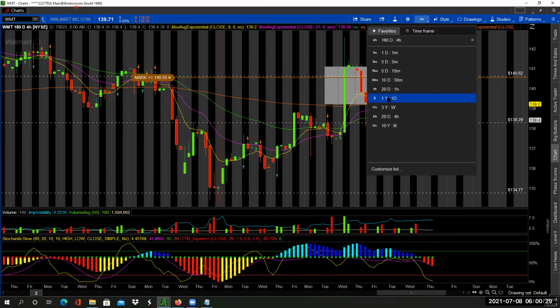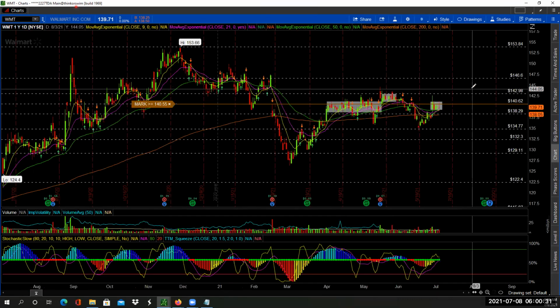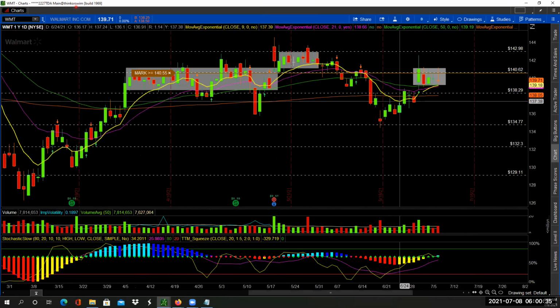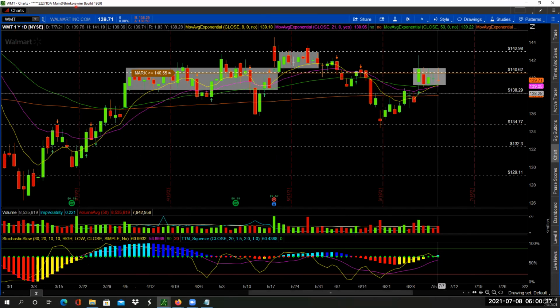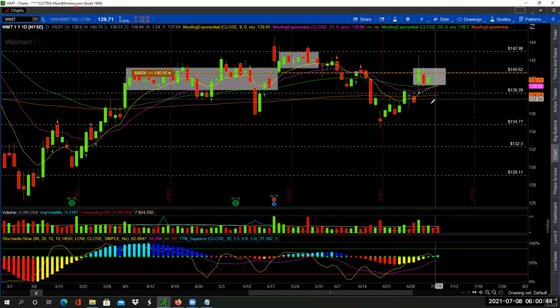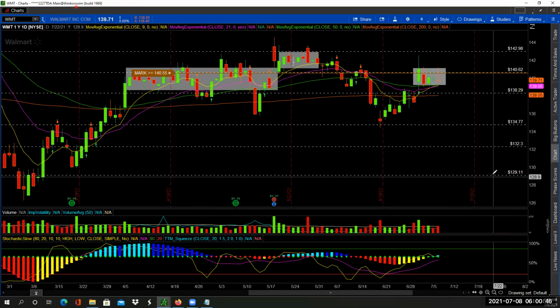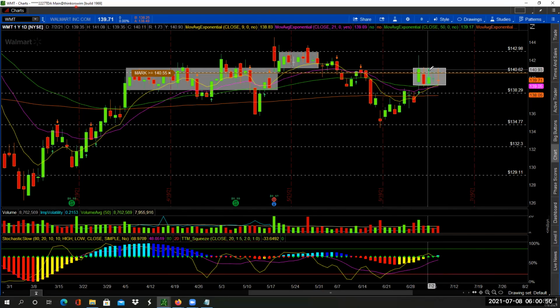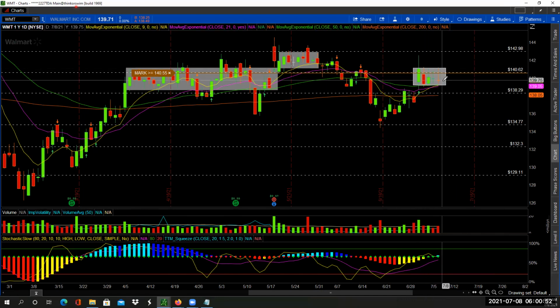So let me look at the daily really quick. It still looks good. We can always come back and bounce off our support here. Yeah, that's where I was looking, 138. Most likely that's what's going to happen. And the way we can tell is because look at all this price action, all these tails show a lot of weakness.